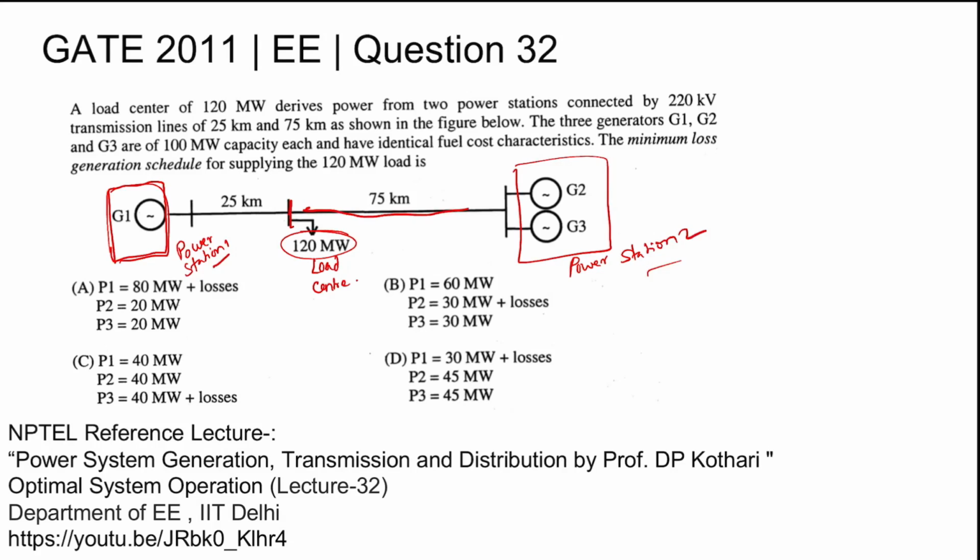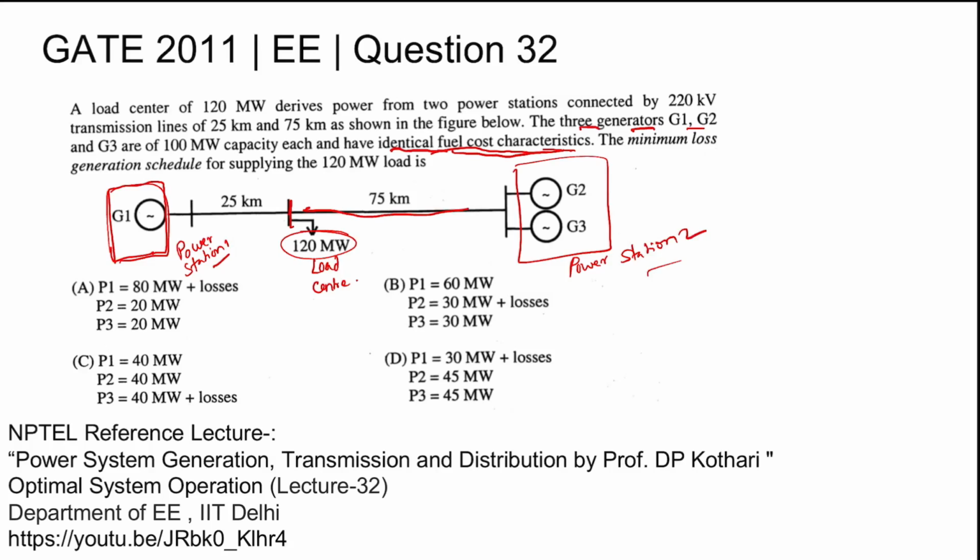It is given that the three generators, one in the first power station and two in the second, are each having a capacity of 100 megawatts and have identical fuel cost characteristics. You need to note the minimum loss generation schedule to supply this 120 megawatt of load is being asked.